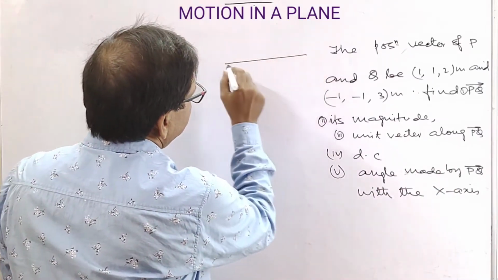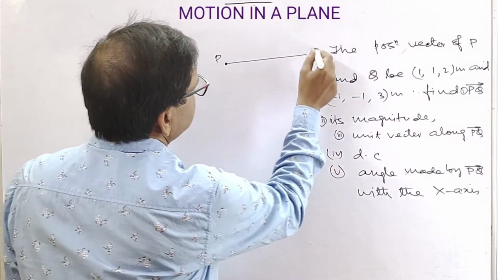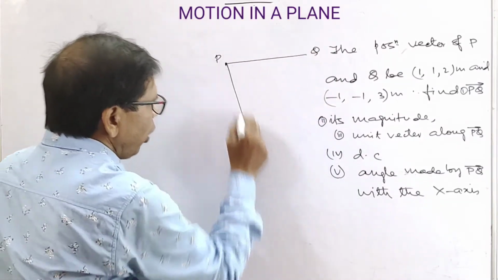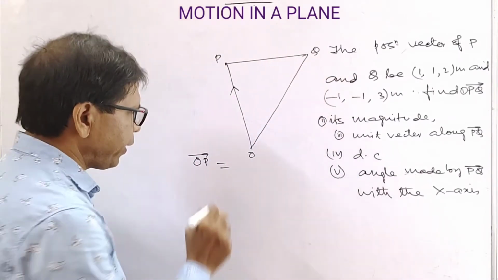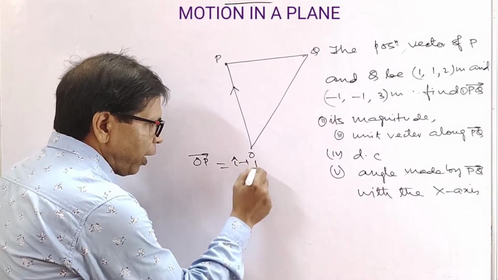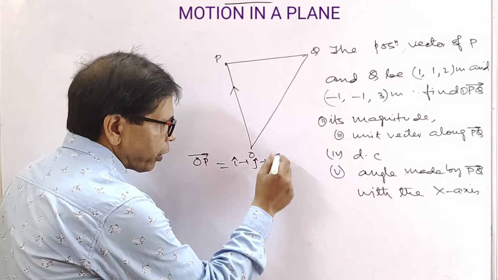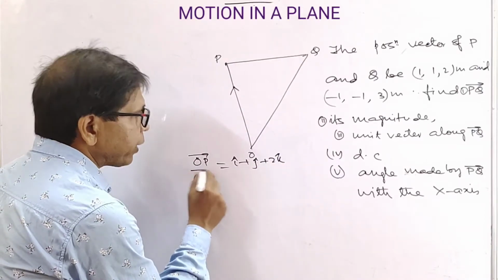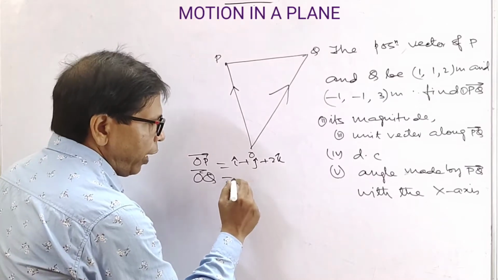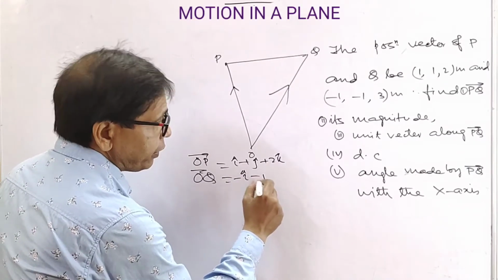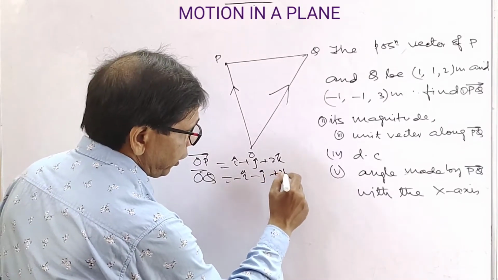Suppose this is the point P and this is the point Q. This is the origin O. Here the OP vector is i cap plus j cap plus 2k cap, and the OQ vector is minus i cap minus j cap plus 3k cap.